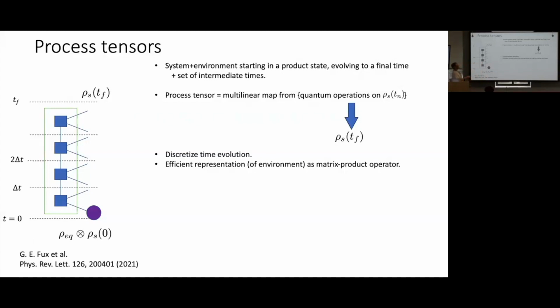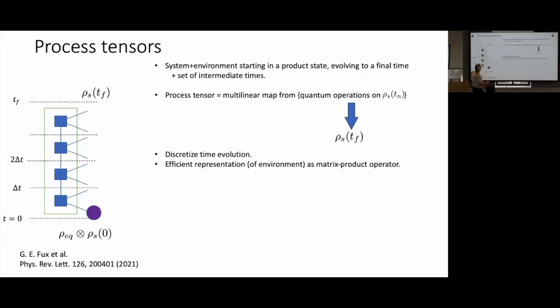And this is a process tensor which you can stick a state in here. It's got these slots, and out here you get a final state where, if you want, you can stick some operator to get an expectation value at the end. I'm going to assume that the system and environment start in a product state, and it evolves to some final time. In that window, there's some set of intermediate times, which are these slots where you can apply interventions.